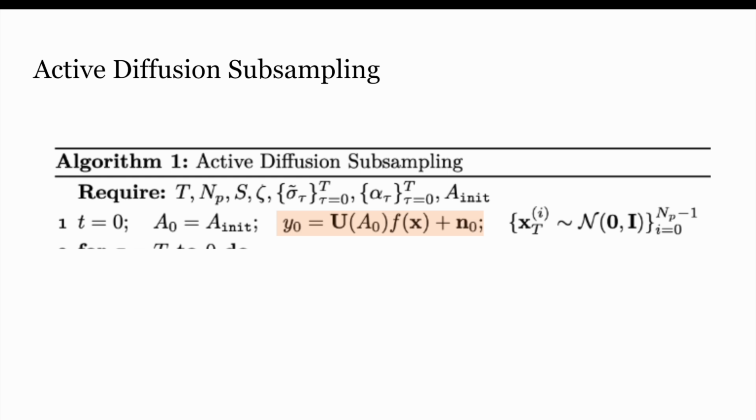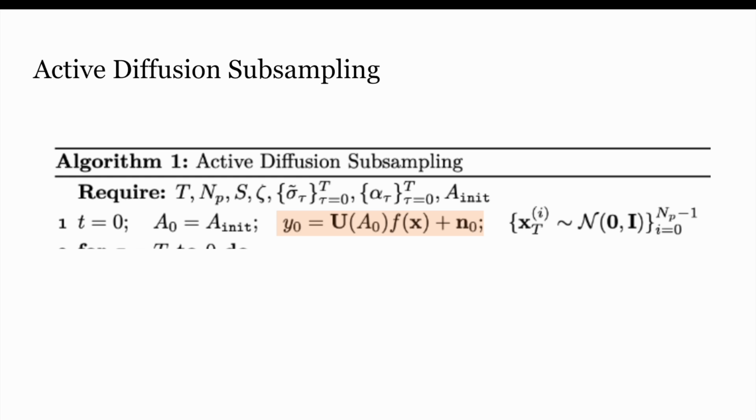The reason I highlight this is that what we're denoting here is acquiring a real measurement from our target signal. This isn't simulating some measurement from posterior samples that we've generated, but rather actually acquiring it using whatever sensing device we have.